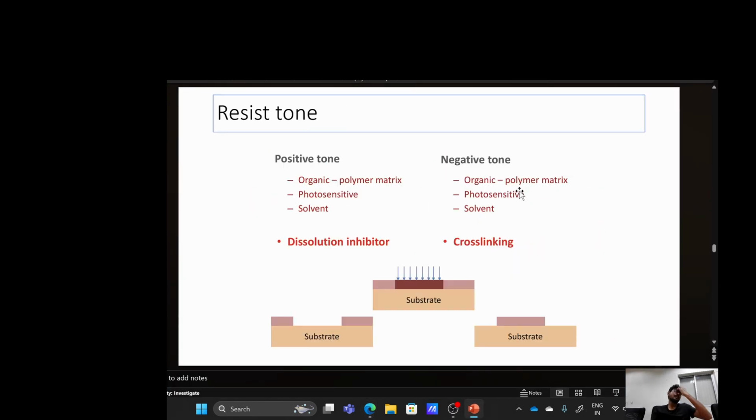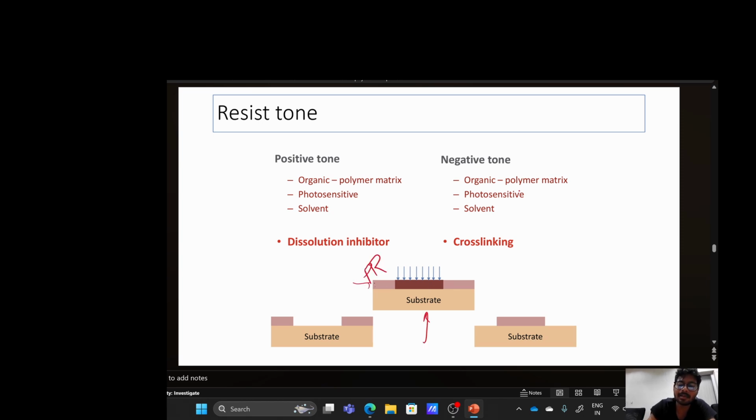Now the tones of the resist: whether it is a positive tone or a negative tone depends on whether the part where light is falling is soluble or insoluble. So, this is the substrate and this is the photoresist.